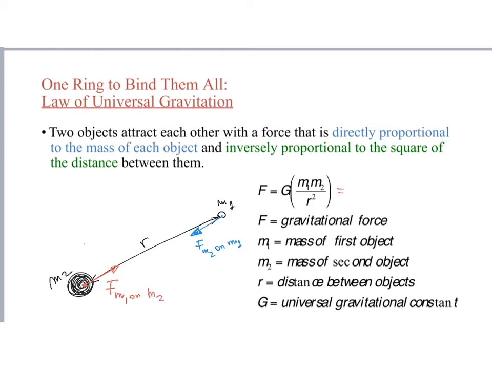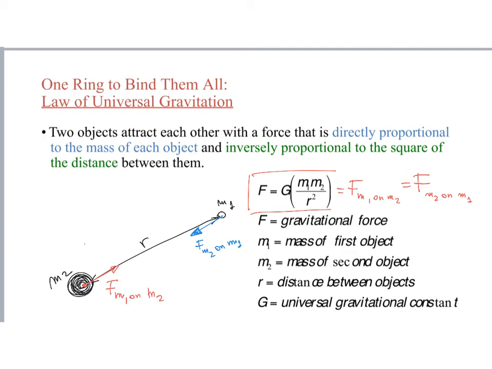And guess what, they are both equal, right? Because they're both going to have the same formula. So we have F m1 on m2, and that is the same as the force that m2 exerts on m1.